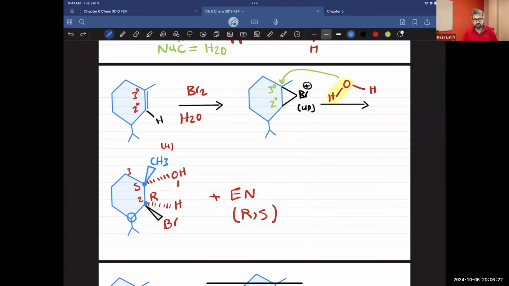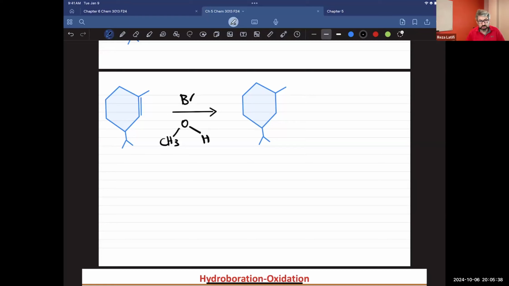Now what will happen if you run this reaction in the presence of, say, methanol? Okay, in that case, you will get these two products. You get the bromide somewhere here. So I'm going to show it by a wavy line. That means the bromide can be up or down.